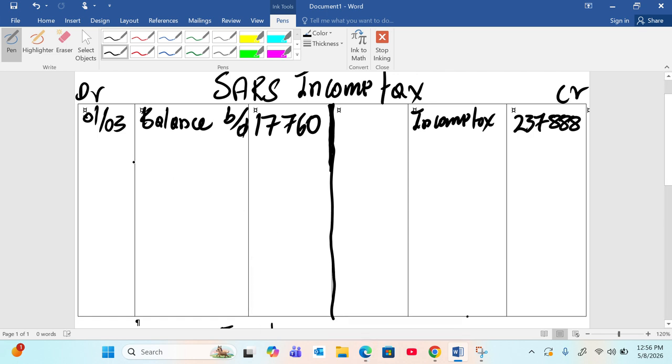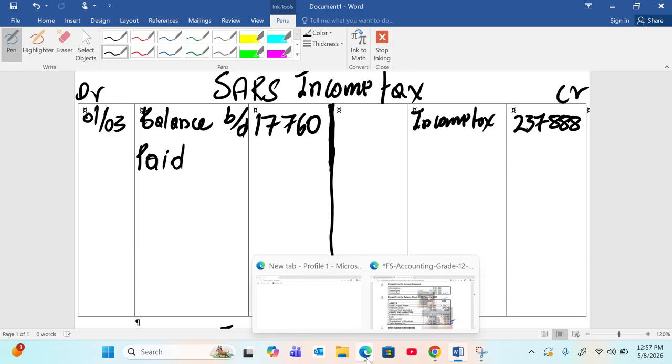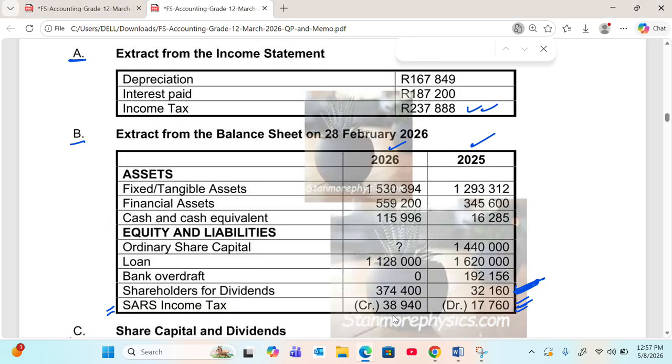Okay, so what do we debit? We debit the SARS income tax that we have paid for the current financial year. What we are calculating here. Do we have the amount that we have paid SARS for the current financial year? No. But what we have as well, we have the credit balance of how much? 38,940.